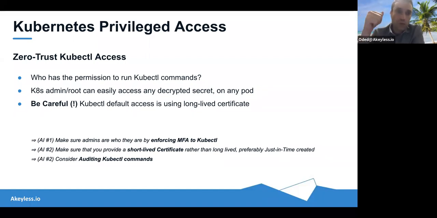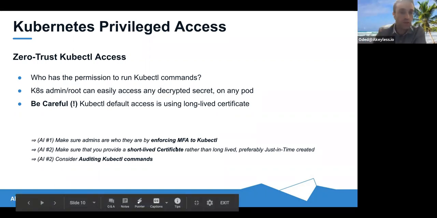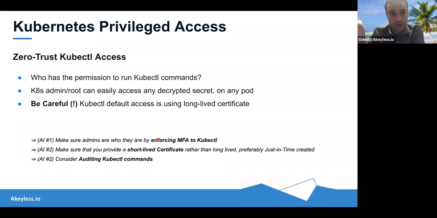So one, you need to make sure that administrators are who they are, and how to do that is with MFA. You can enforce multi-factor authentication by interconnecting kubectl to an external identity provider. Kubernetes has SAML support, and with that you're able to interconnect it with Okta and any other SAML or OpenID identity providers.